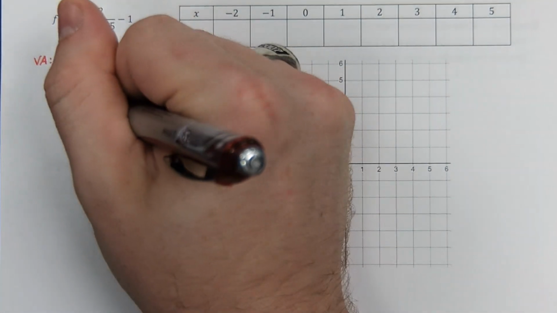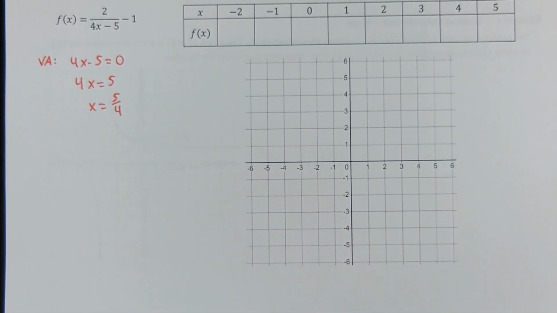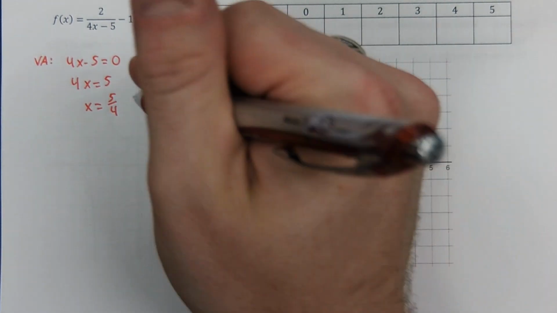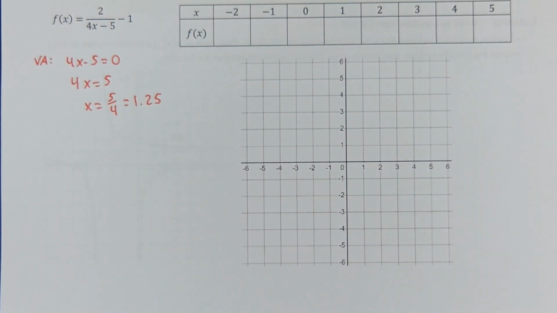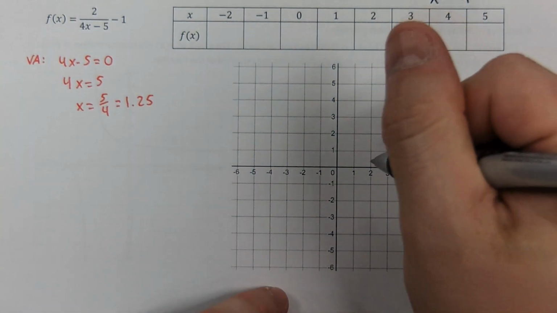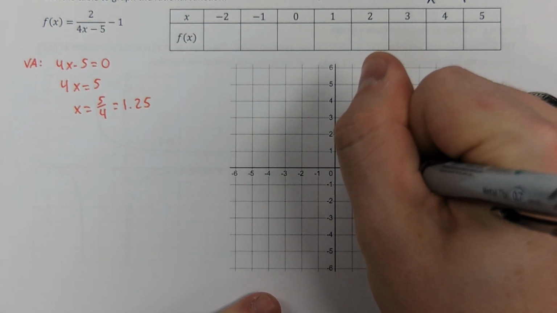And then divide by 4. And since we're going to have to graph this thing, I'll turn it into a decimal. So if this is 1.5, this is 1.25.